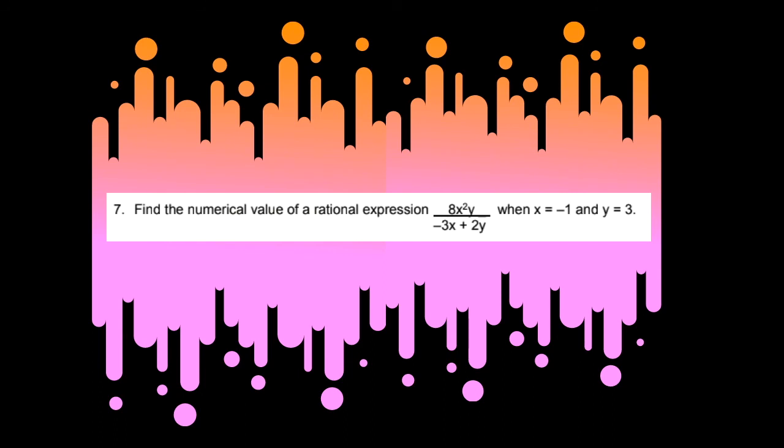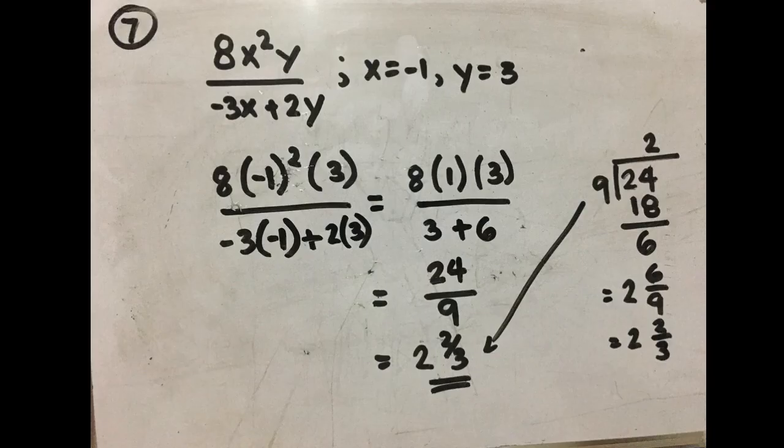Number 7. Find the numerical value of the rational expression 8x squared y over negative 3x plus 2y, where x is equal to negative 1 and y is equal to 3. Again, we just have to substitute the values of x and y.